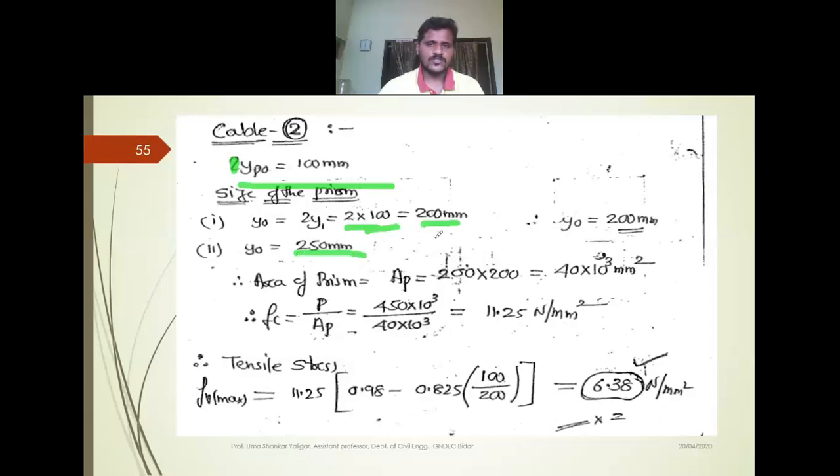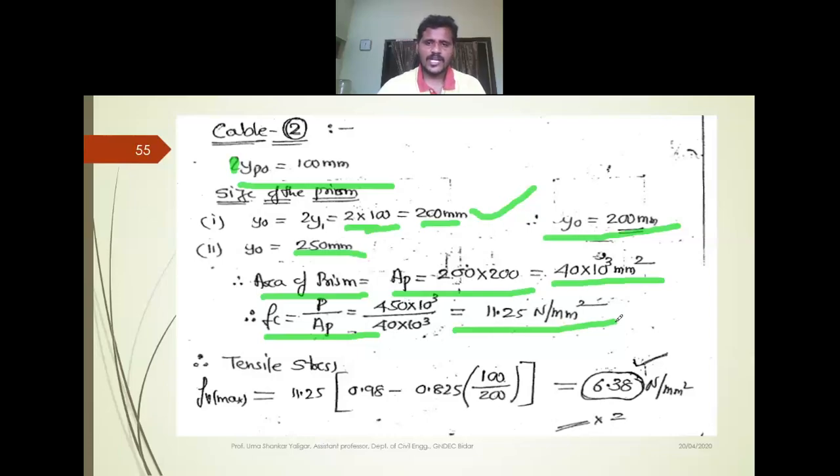Out of these two values, the lowest value is 200 mm. Hence the depth of the prism is equal to 200 mm. Then the area of the prism is 200 by 200, that is 40 into 10 raised to 3 mm square. The compressive stress Fc is equal to P by the area of the prism. P you know, the area of the prism you calculated; substitute these values, and you will get 11.25 Newton per mm square.